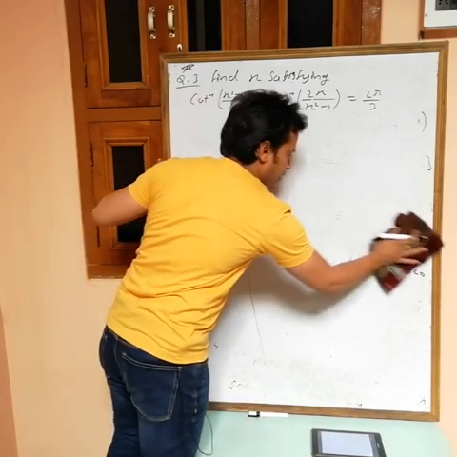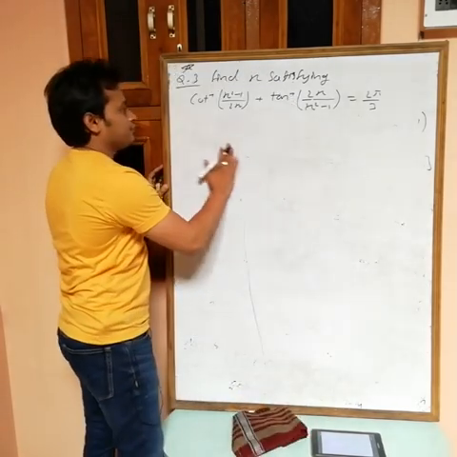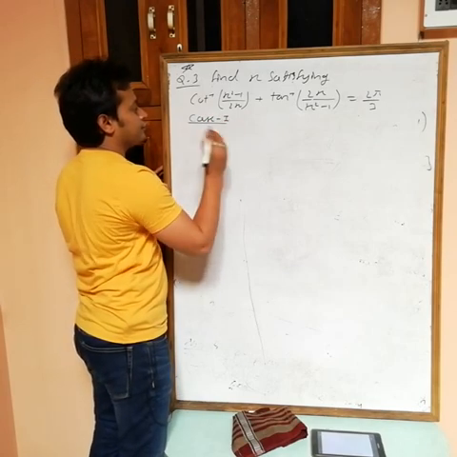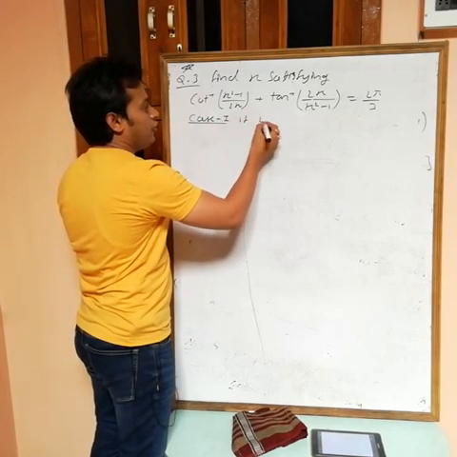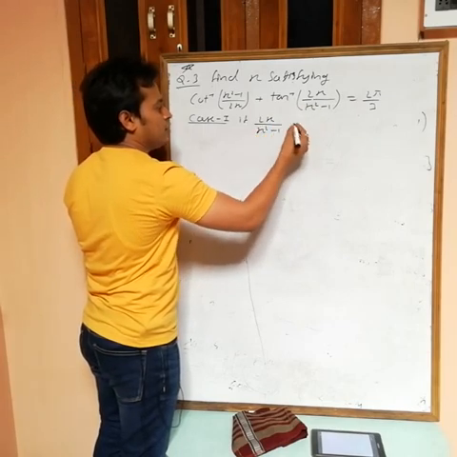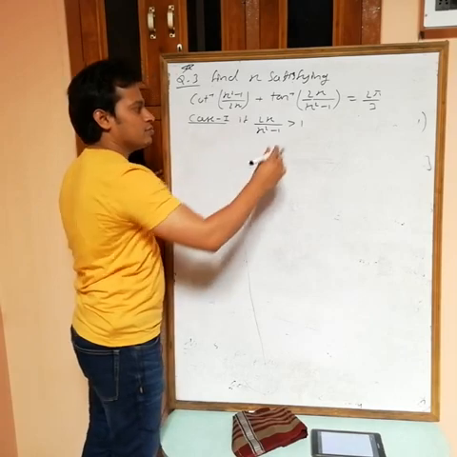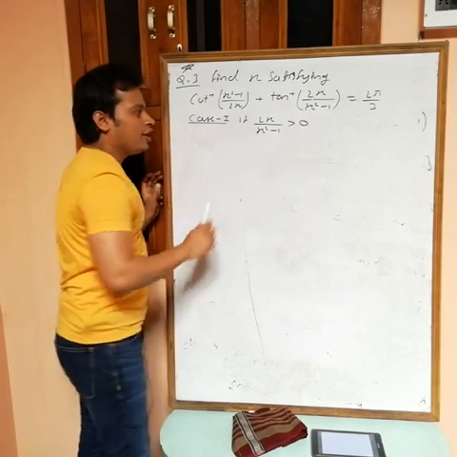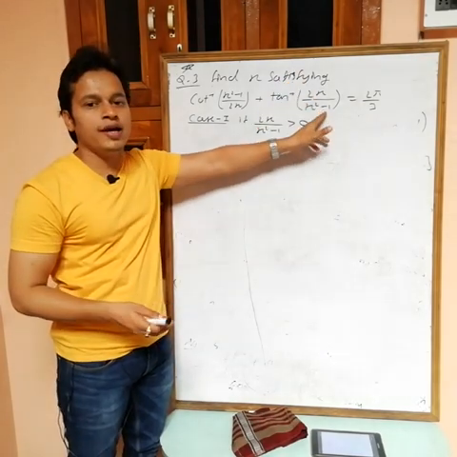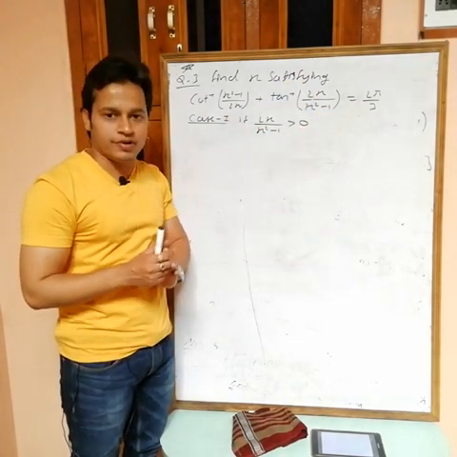Now see, I am taking cases. Case 1: if 2x by x square minus 1 is greater than 0, then tan inverse 1 by x is equal to cot inverse x.